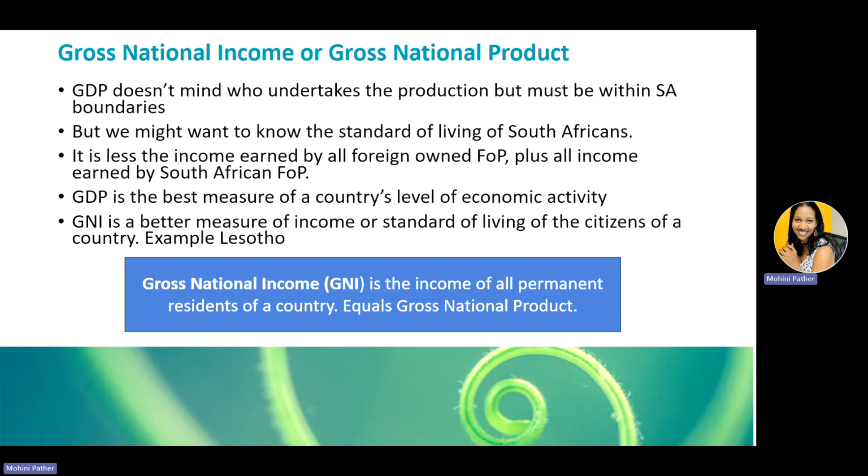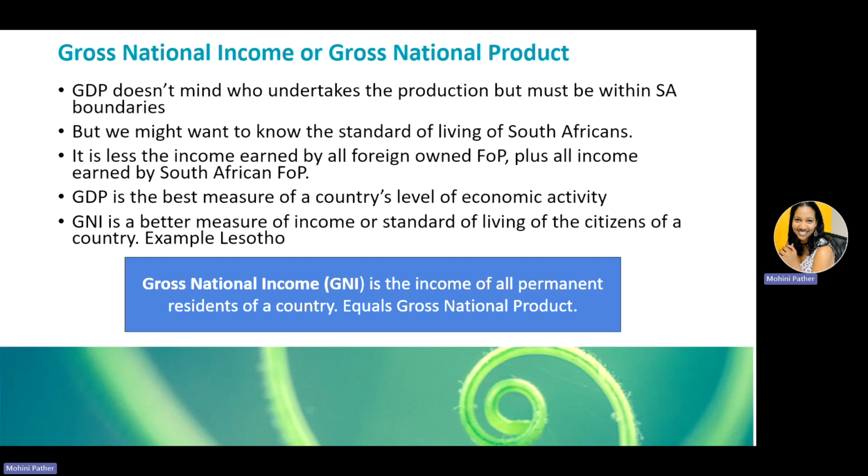GDP only considers what we produce within the boundaries of our economy, or our country. That's where the D comes in. That is domestic. But the problem is it doesn't really give an accurate reflection of the standard of living of South Africans.